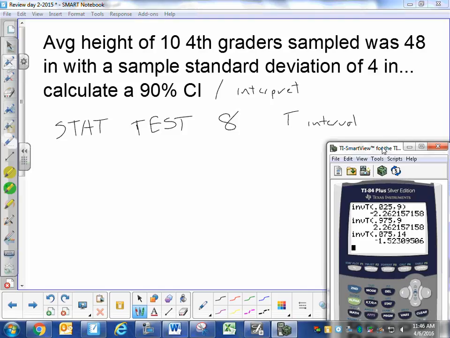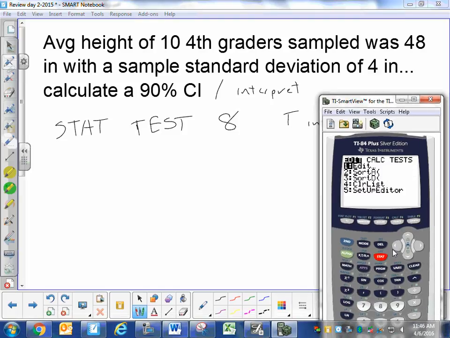Reminder from last class, stat test 8. You have stats and data. Well, we don't really have data, we have just statistics given.